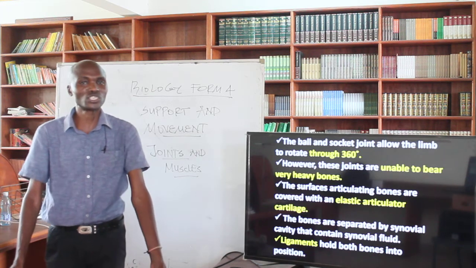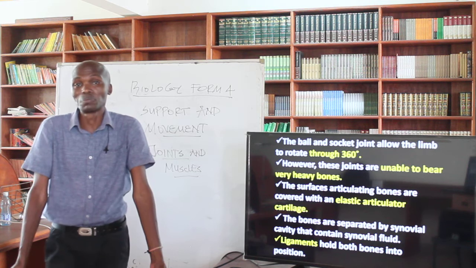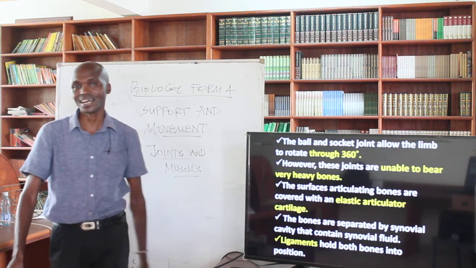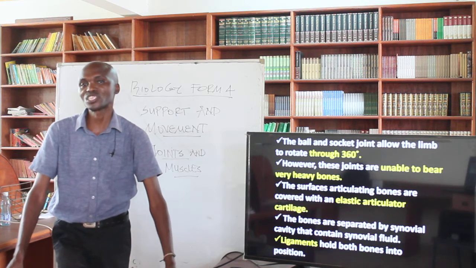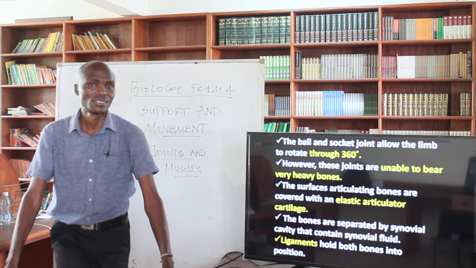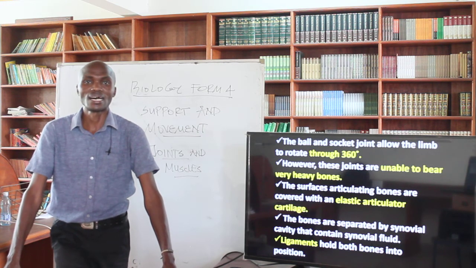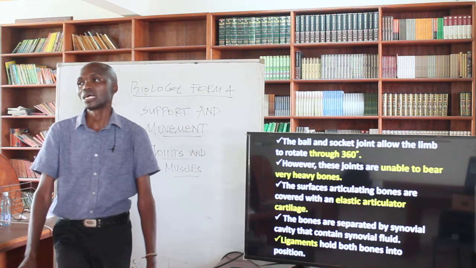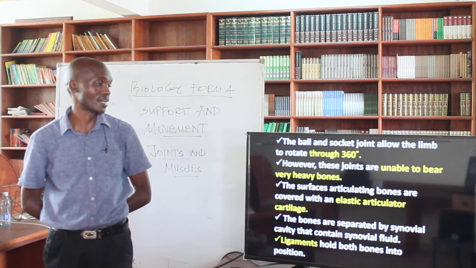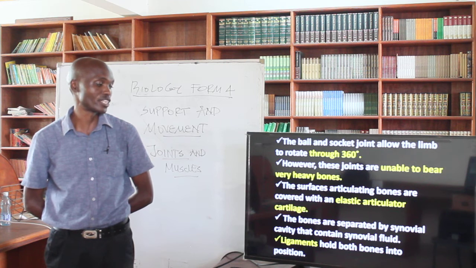The ball and socket joint allows the limb to rotate through 360 degrees actually. However, these joints are unable to bear very heavy loads. So the surfaces are normally covered with elastic articulating cartilage.